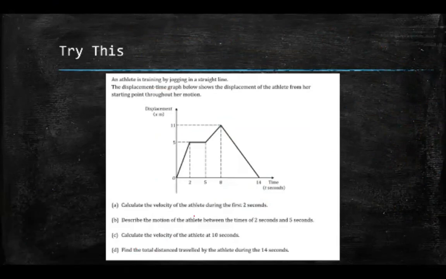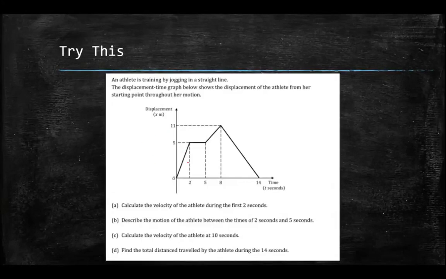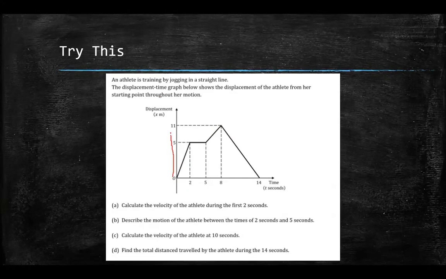Find the total distance traveled by the athlete during 14 seconds. So how would I go about finding the distance? Well, I can actually read it off my graph, because I know she went up, side, down, right. So from this point to this point, that's actually 11 meters. So she ran for 11 meters from this to this.